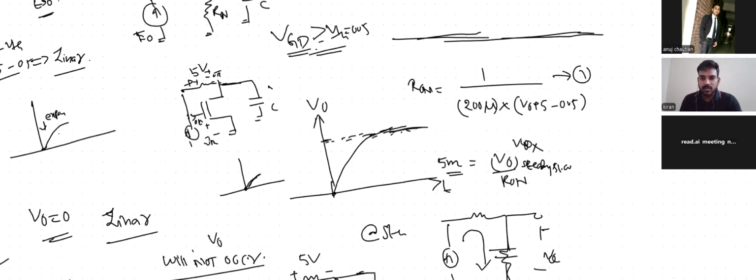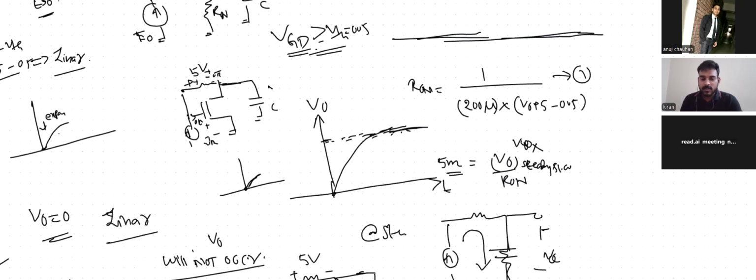You are saying R1 is changing. What is the maximum or minimum value of R1 you are getting? When is it maximum, when is it minimum?